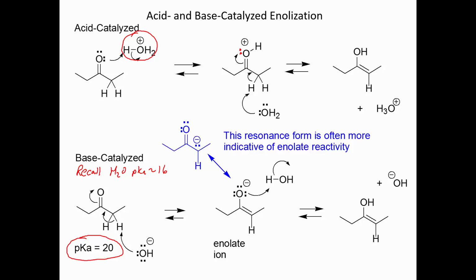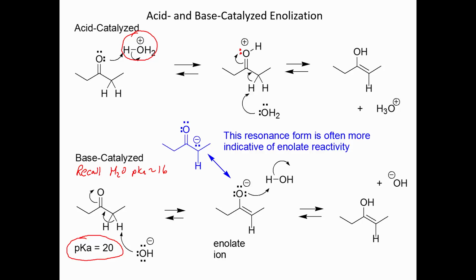Okay, so when we pull the alpha proton off in this fashion, this gives us the enolate anion. The enolate ion is really just the conjugate base of the enol. Okay, and once this is formed, it can react with a hydrogen to make the enol. Okay, all right.